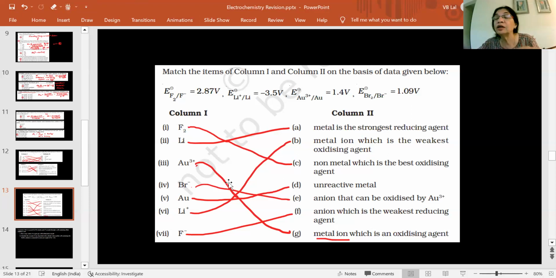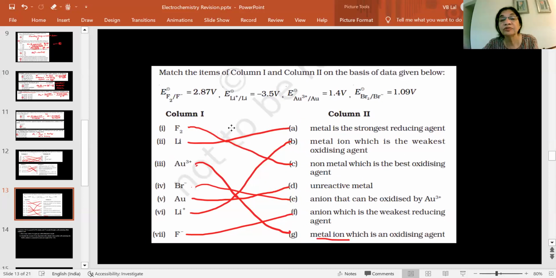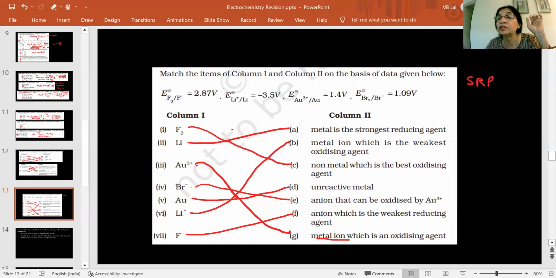So you have to remember very clearly, if SRP is high, these are the things you have to remember. Let me write these important things. I can't shift this here now. So if SRP is high, SRP means reduction potential is high, right? That means the species can be reduced easily.